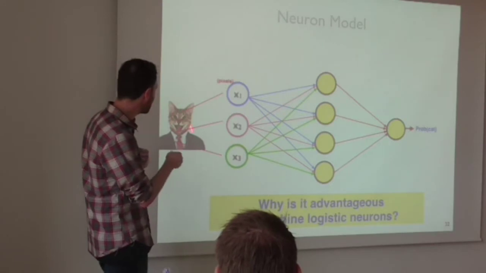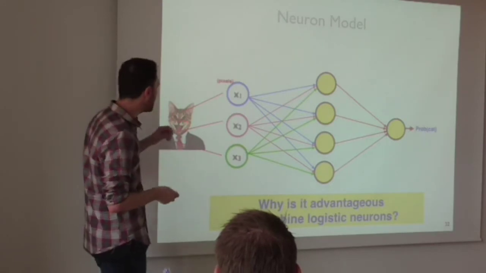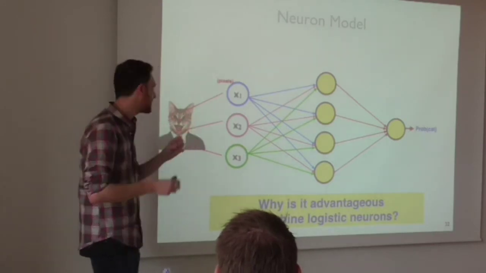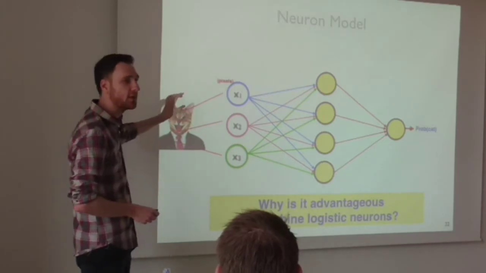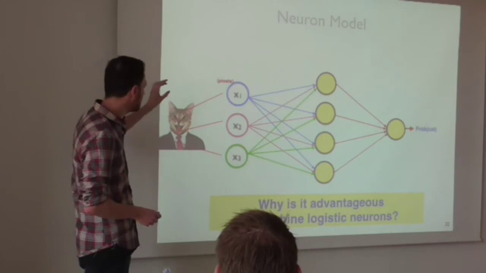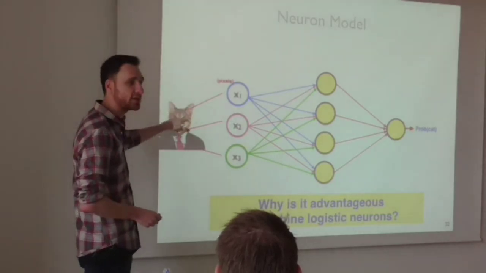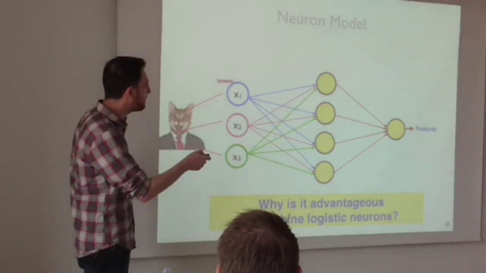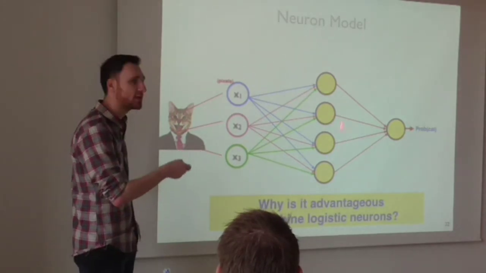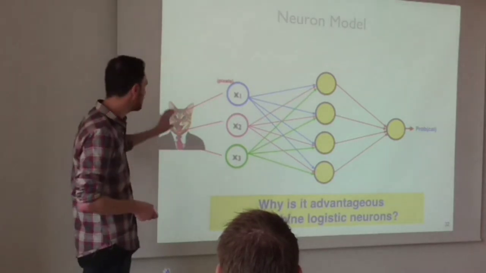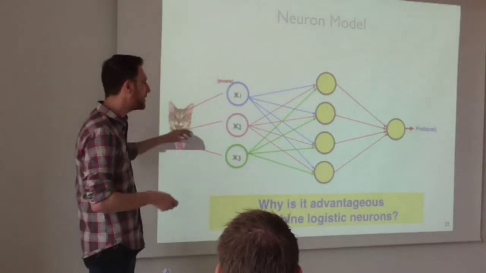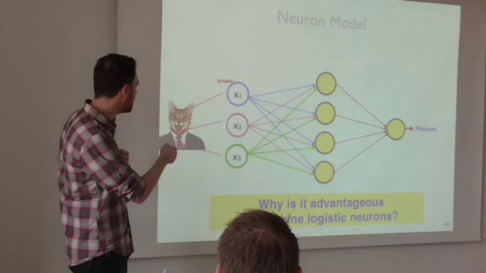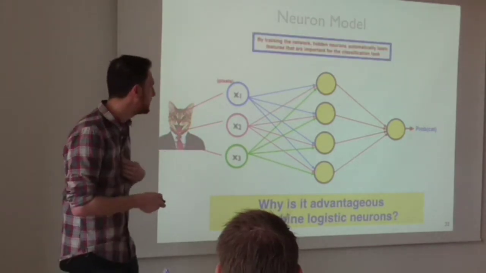Instead of trying to detect if there's a cat here, let's say you have a simpler model that can detect if there are pointy ears somewhere in the image. And there's another model that tells you if there are 2 eyes or whiskers or something like that. So that's essentially what these neurons are trying to do. They're trying to identify useful features that may occur in this image that are going to help you in this task of classifying this image.